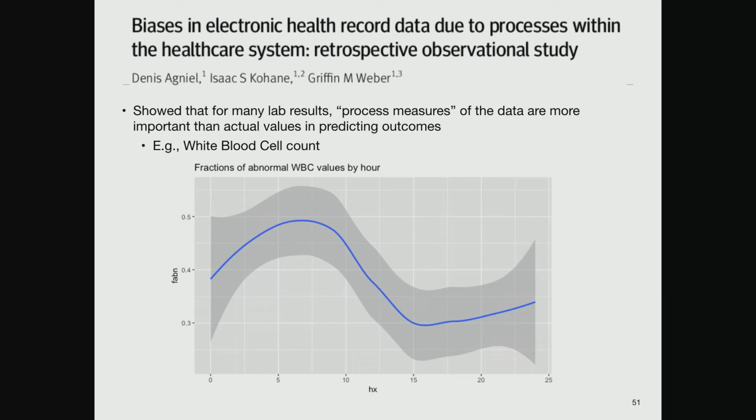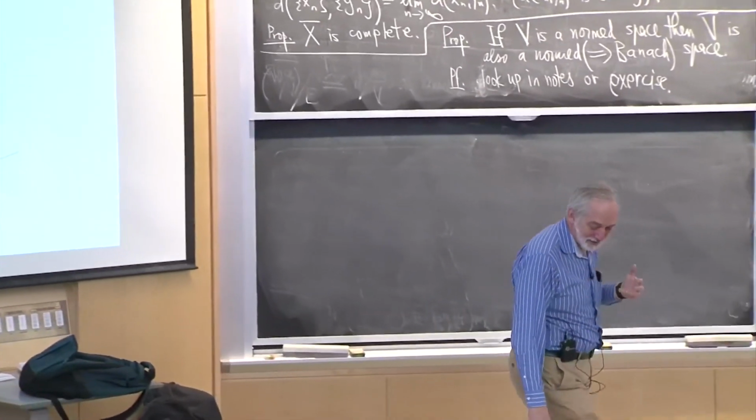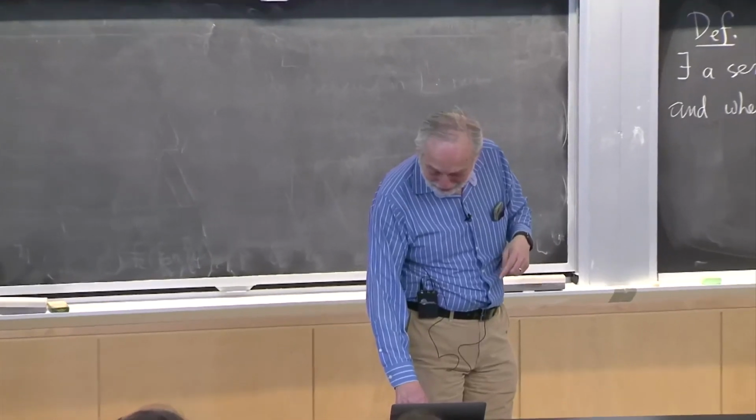So this is midnight to midnight. And each hour, there's some fraction of these test results that are abnormal. And sure enough, what you see is that at 5 o'clock in the morning, a much higher fraction of them is abnormal than at 3 o'clock in the afternoon, okay? Which is consistent with Zach's peremptory comment about the guy being an idiot.